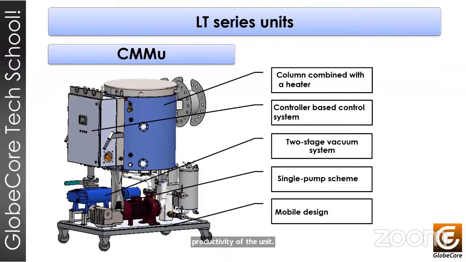Let's first take a look at the CMM LT unit series. The LT series characteristics also correspond to the standard equipment, but the LT is designed with compact dimensions. The compactness of the unit allows you to use it in a workshop, inside wind turbines, etc. That is, in hard to reach places where it is not possible to use standard size equipment.